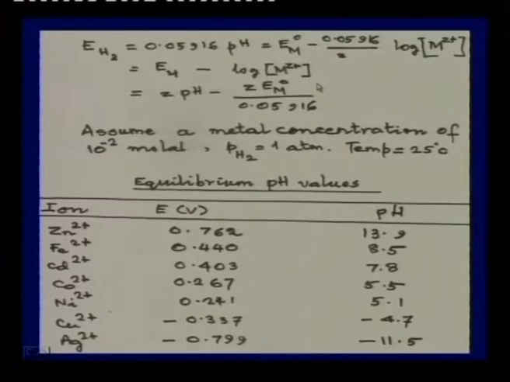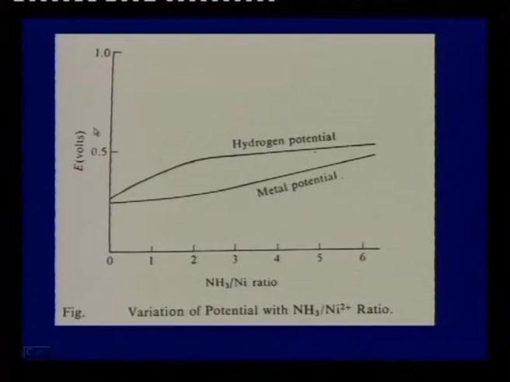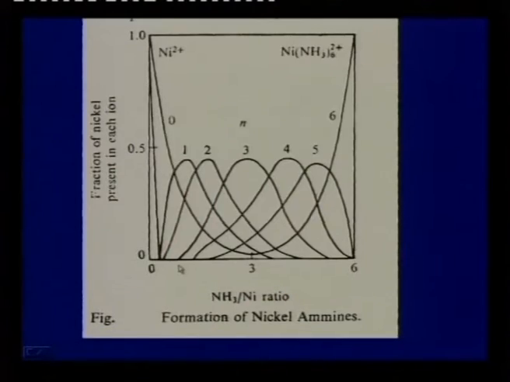So, this analysis we have done, we have shown the pH requirements for equilibrium pH values, and then we have shown that if you try to make the solution very alkaline, there is also a danger of precipitating hydroxides. So, we said precautions have to be taken, and one way would be to stabilize the metal ion as an amine, and we have discussed the optimum condition, say in the case of nickel, and several other things.